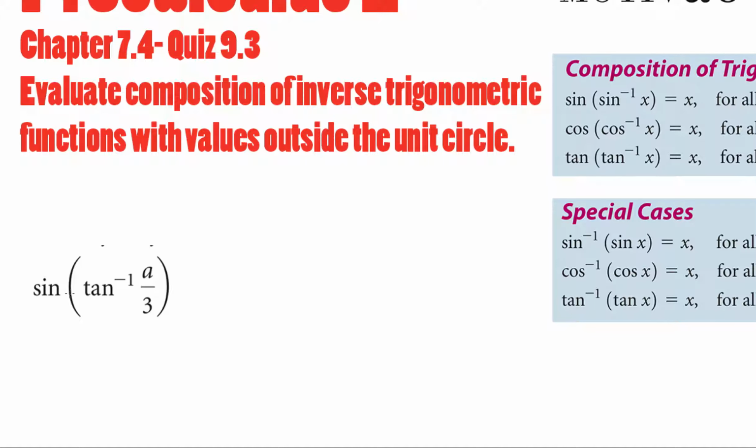First, I'm going to assign what is inside the sine as an angle. So theta equals tangent inverse of a over 3. And why can I do this? Well, notice that tangent inverse of anything is going to produce an angle.